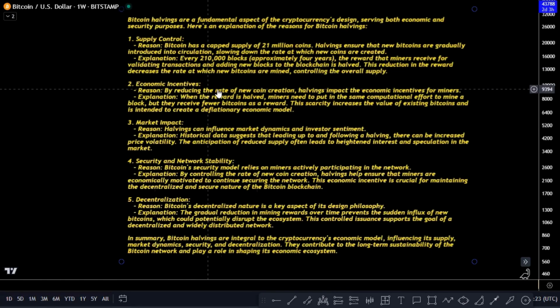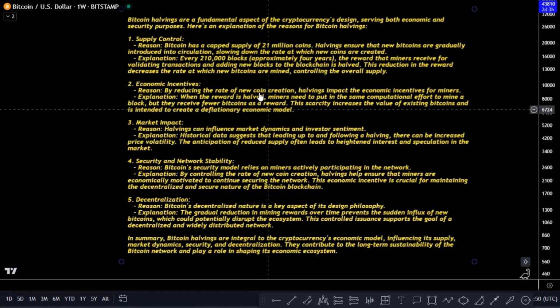Number two, economic incentives. By reducing the rate of new coin creation, halvings impact the economic incentives for miners. When the reward is halved, miners need to put in the same computational effort to mine a block, but they receive fewer Bitcoins as a reward. This scarcity increases the value of existing Bitcoins and is intended to create a deflationary economic model.